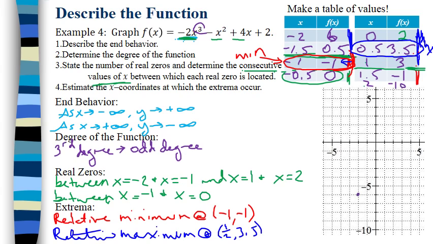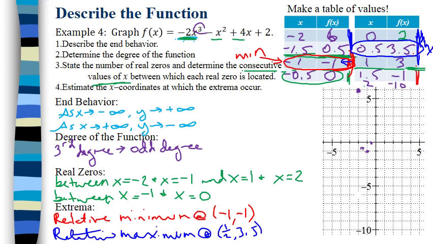Okay, so let's go ahead and graph this and see if what we did was accurate. So -2, 6, -1, -1 is right here. Oh, sorry, +6 at -2. So there we go. Ignore that point here. -2, 6 coming down here. -1, -1, -1/2, 0.